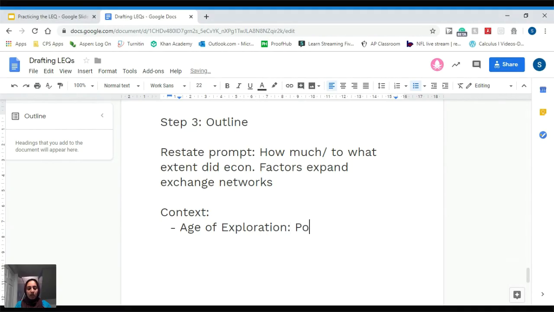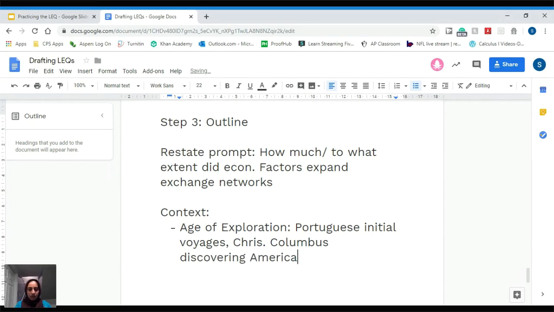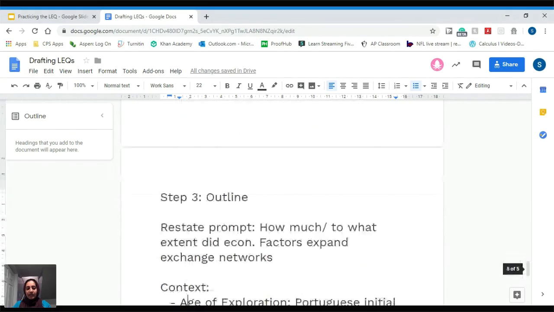We could talk about the Portuguese initially, because they were the first ones who started these voyages. Columbus discovering, blah blah blah.